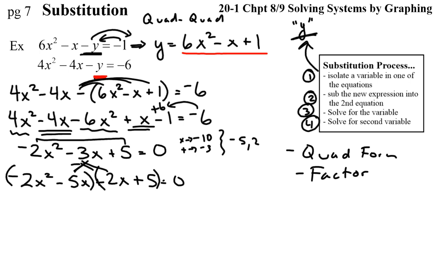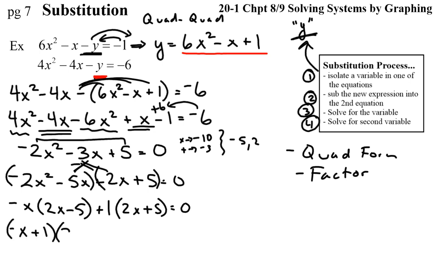Here I can factor out a -x, which would leave me with a 2x minus 5. Here I could factor out just a 1, leave me with 2x plus 5. So our factored form would be -x plus 1 times 2x minus 5 equal to 0.